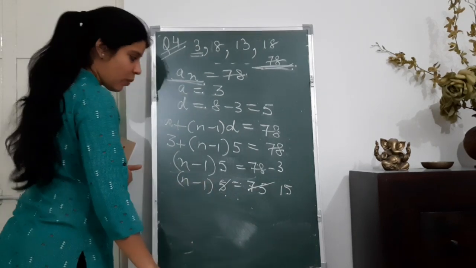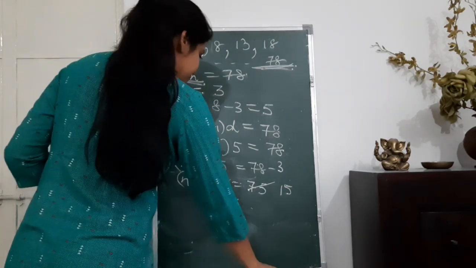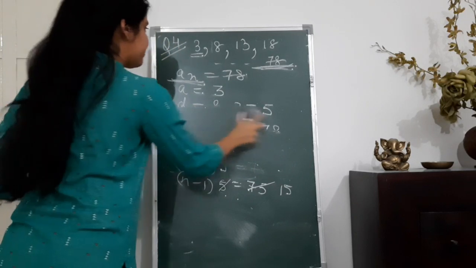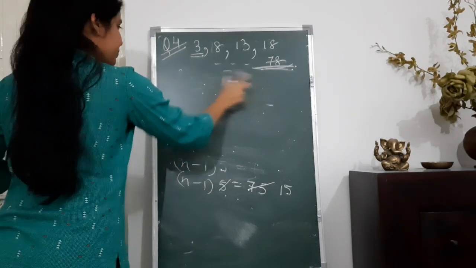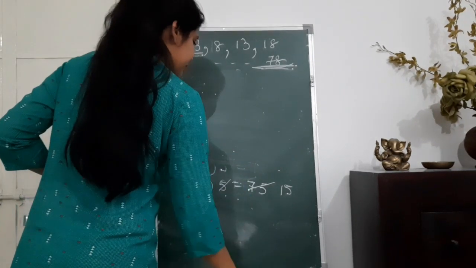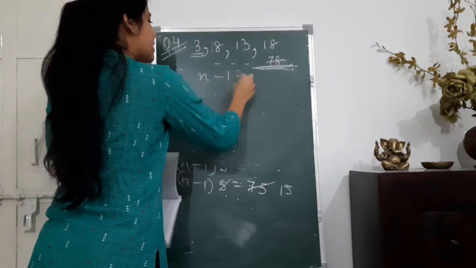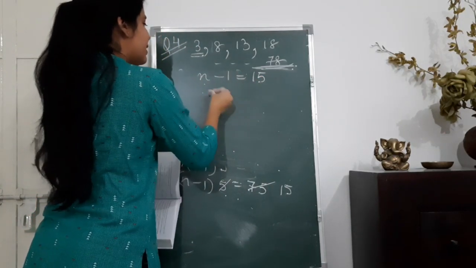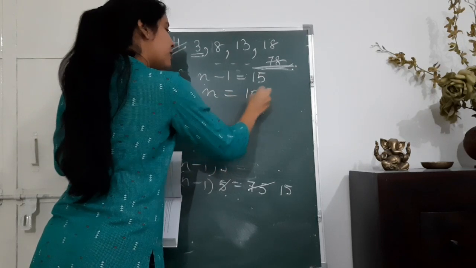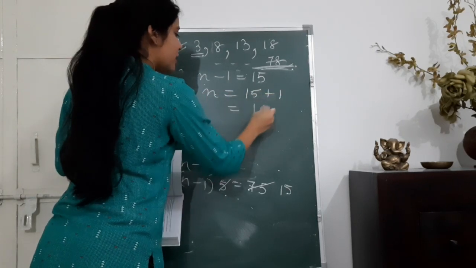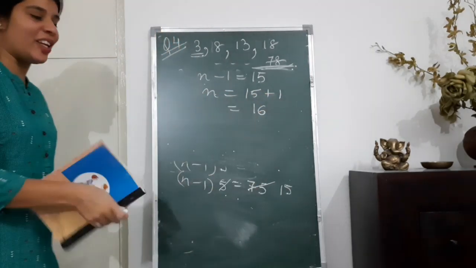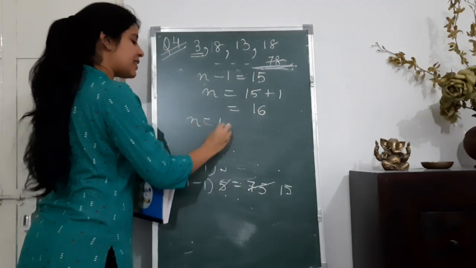So N minus 1 is equal to nothing but 15. So n is going to be equal to 15 plus 1, which is going to be equal to what? 16. So the value of n is 16.